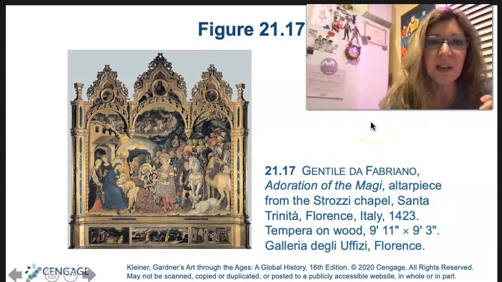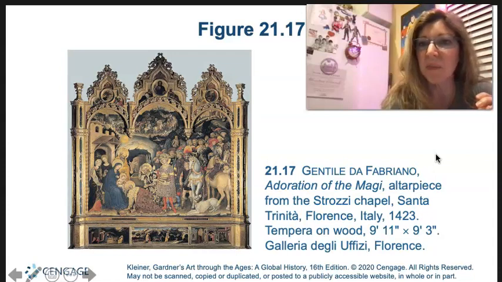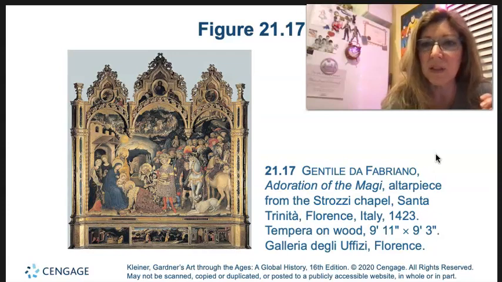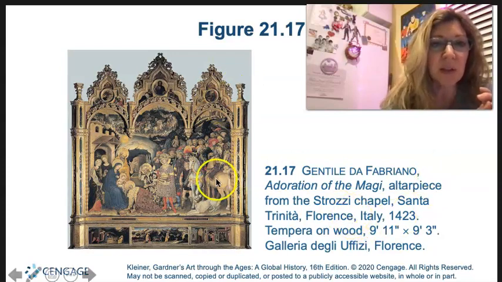Okay, here we've got the Adoration of the Magi by Gentile da Fabriano. The naturalistic details that are evident among international Gothic style conventions in Gentile da Fabriano's Adoration of the Magi are the animals shown from a variety of angles and convincing foreshortening.